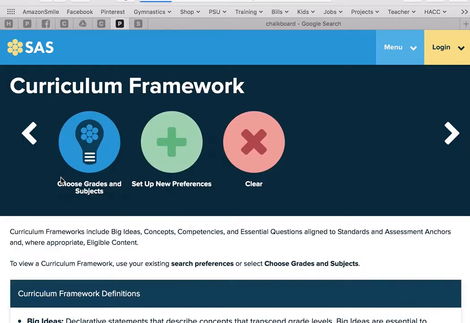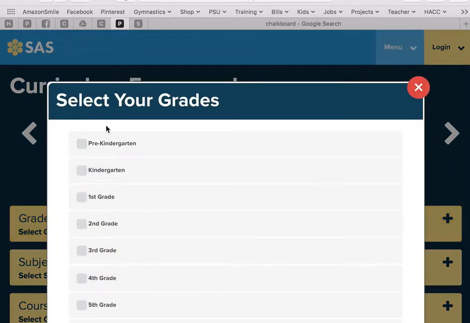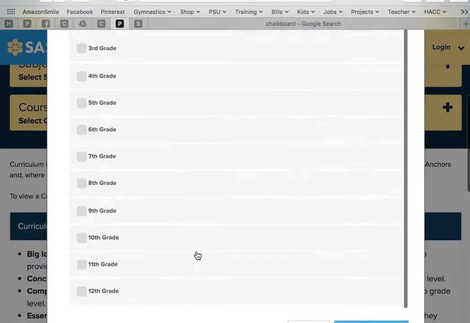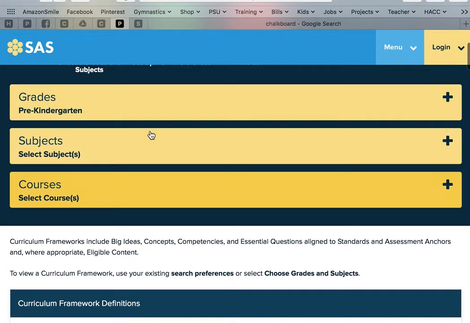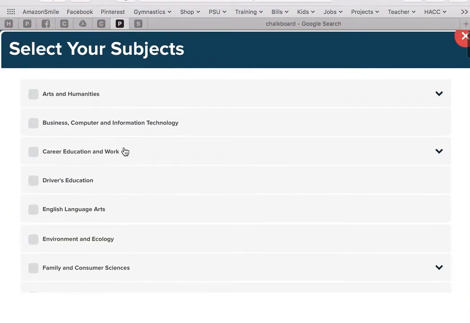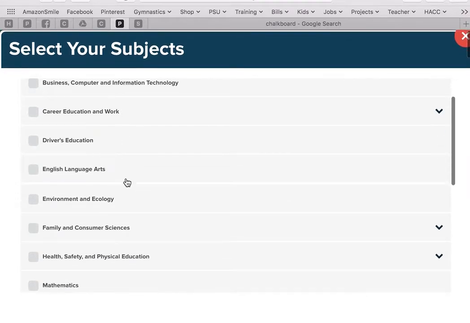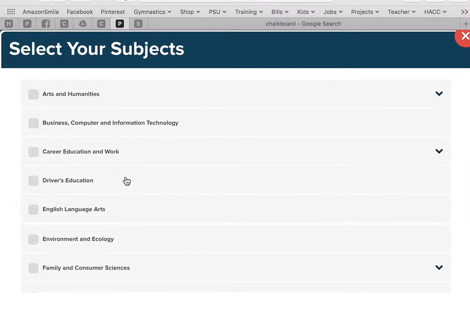Choose curriculum framework, and then we will have to go in and modify our search options. So we're going to select pre-K. And we're going to select math. Where is my subject area math? Oh, there it is.